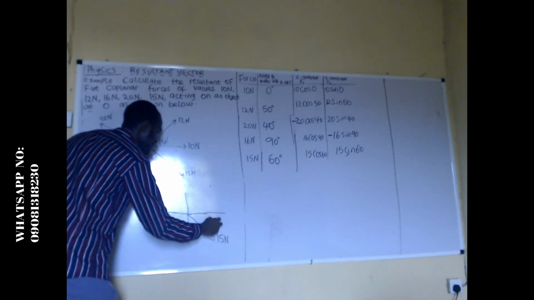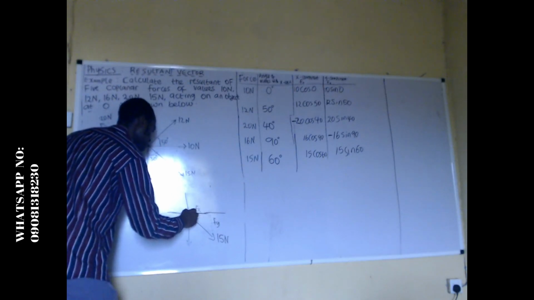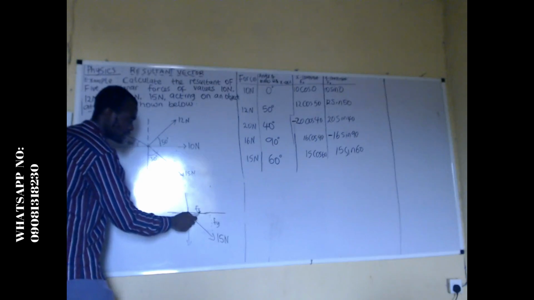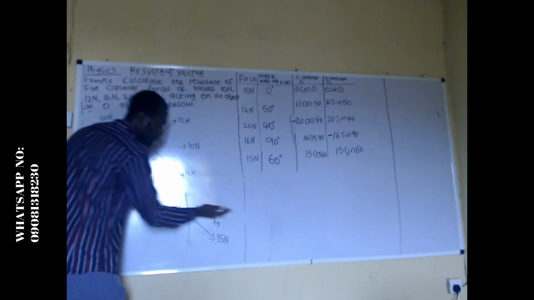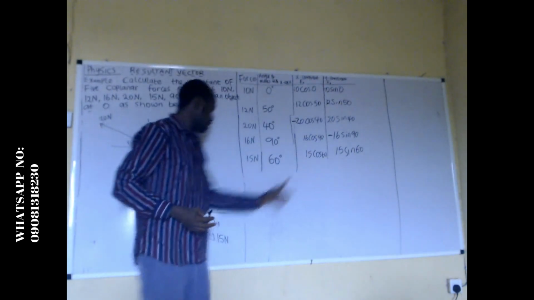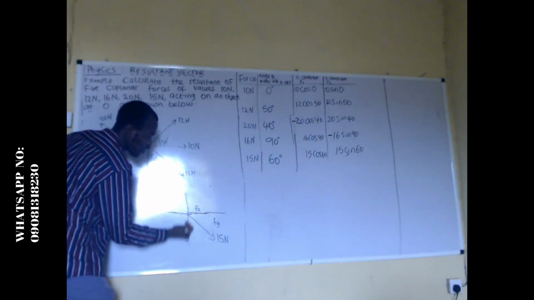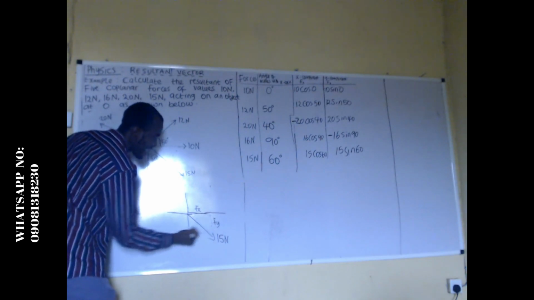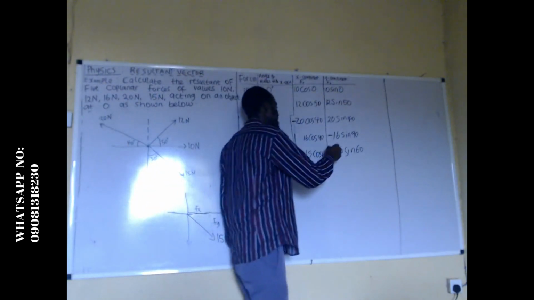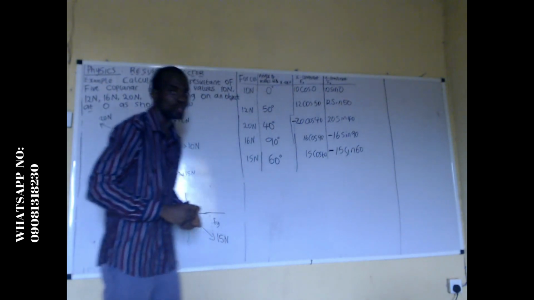Here will be fy and here will be fx. Now if you look at this x component of this force, it is lying on the positive x axis, so we leave it here as positive. While if you look at here, it is lying on the negative y axis. So this y component will definitely carry a negative sign. So that is the method we are using.